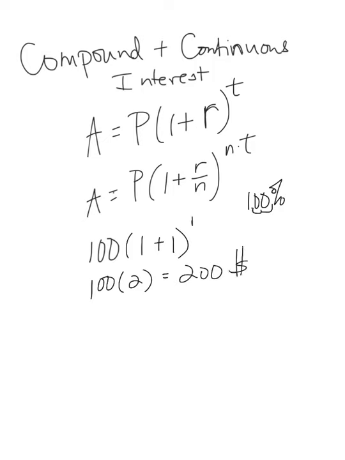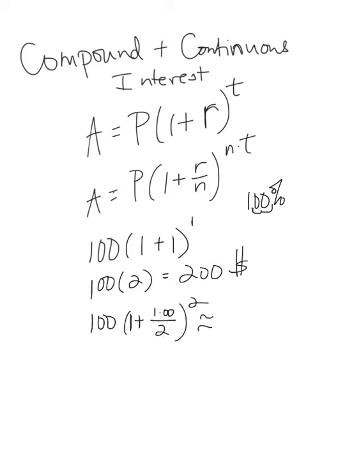But when we talk about compound interest, let's say they give you this 100% interest twice a year. So every 6 months. That means you'll get the 100 first, and then you'll get another 100%, but you get it twice.